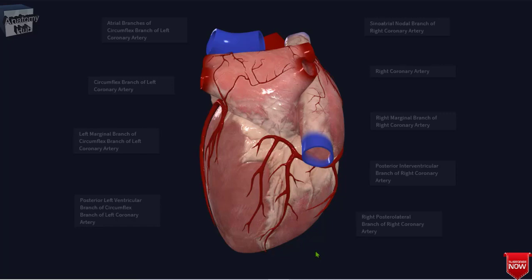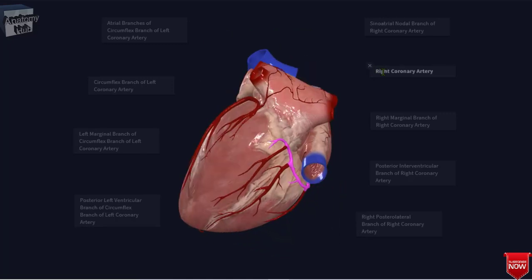So the following arteries that you can see here on the screen describe the anatomical course of the coronary arteries. First we will see the right coronary artery.